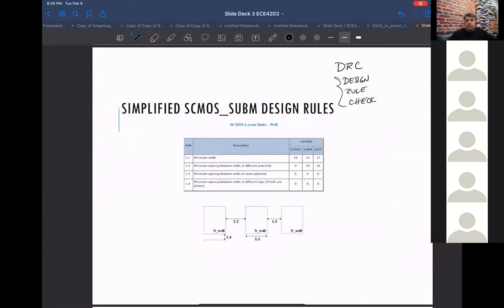The idea is you follow the rules, you draw something to the best you can, and then you run this DRC tool on your layout, and that tells you where you've screwed up, and you start moving stuff around to fix these errors.